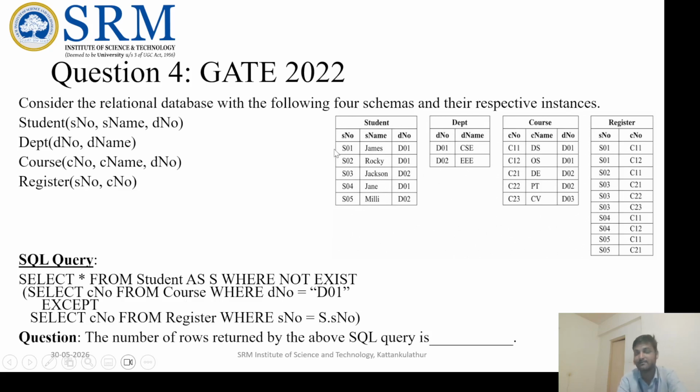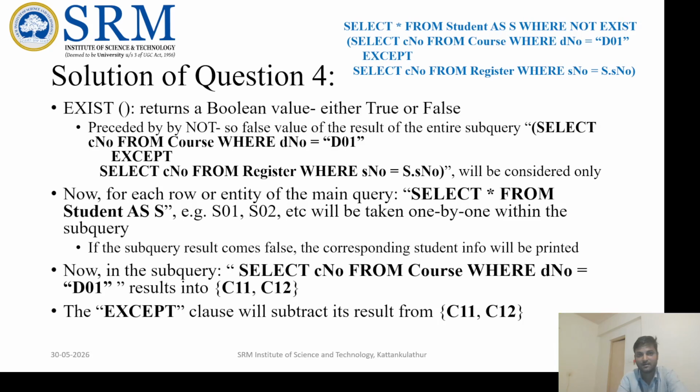That is the key thing that we have to do. So this is the query in blue, and these are the basic things I have just discussed: the exists function as well as the except function, and C11, C12 are the result of the first part of the inner query.